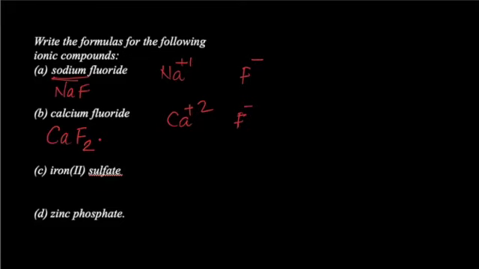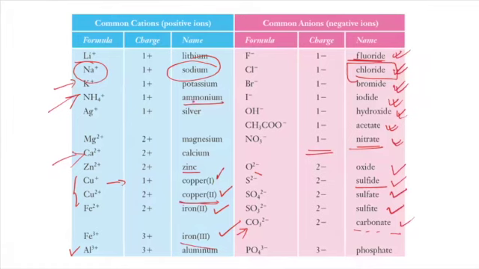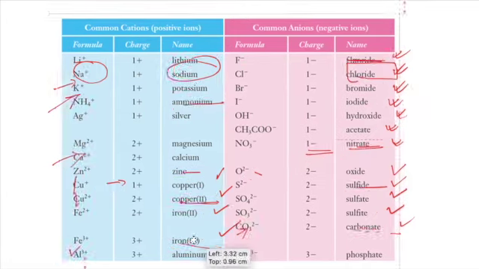Now we go to iron 2 sulfate. So we go back to our table. Iron 2, what is the symbol formula? Not copper, iron. Fe2 plus.